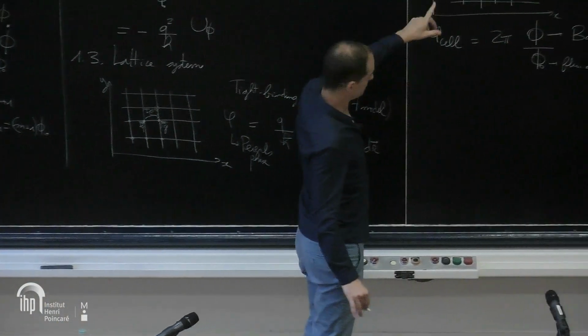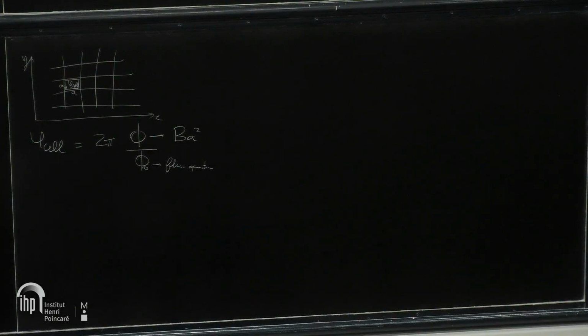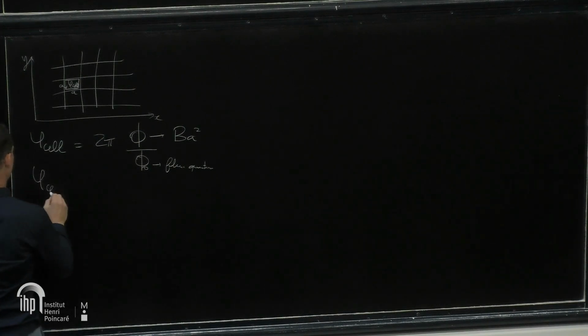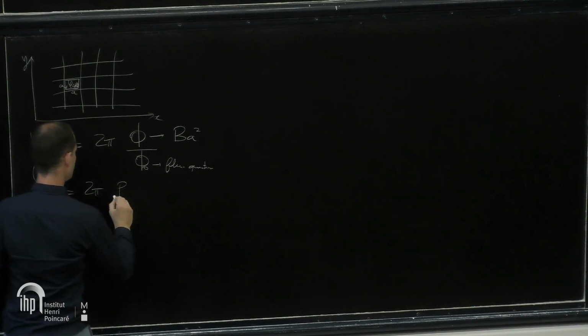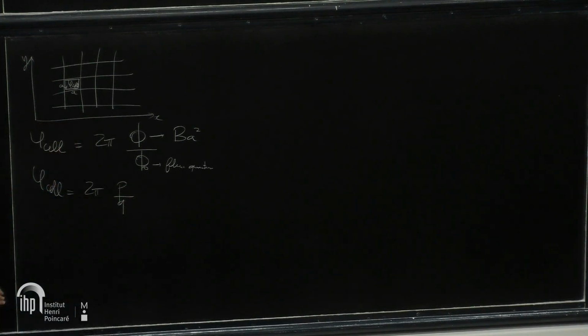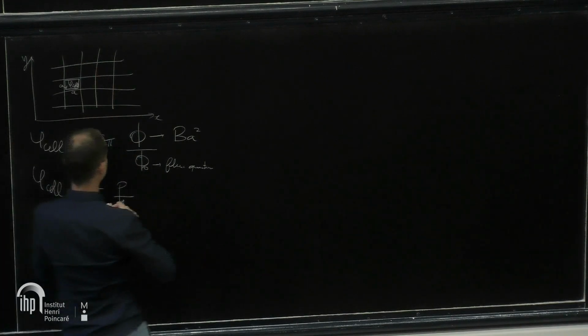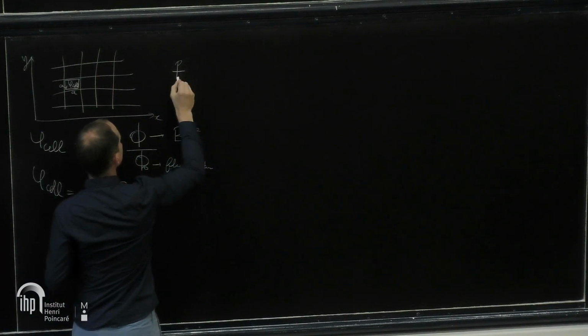But there is an exception that we always consider, the case of phi cell which is a rational value, p over q, such that if you take q sites. Take the example of p over q equal 1/3.